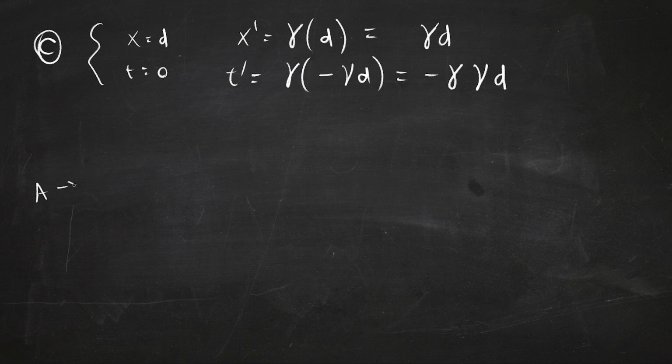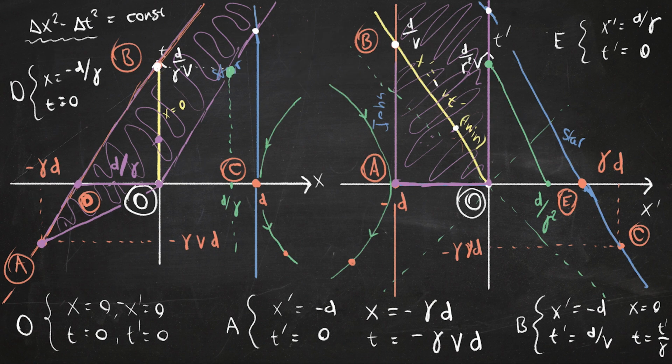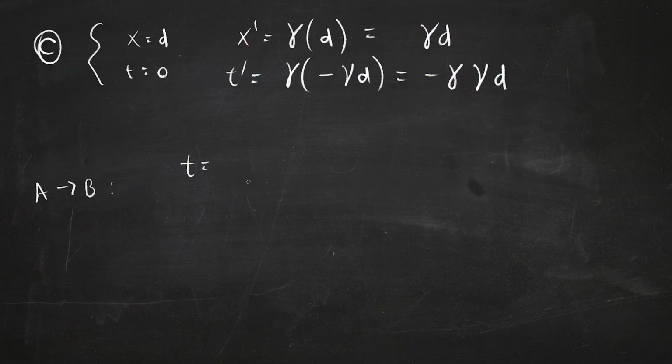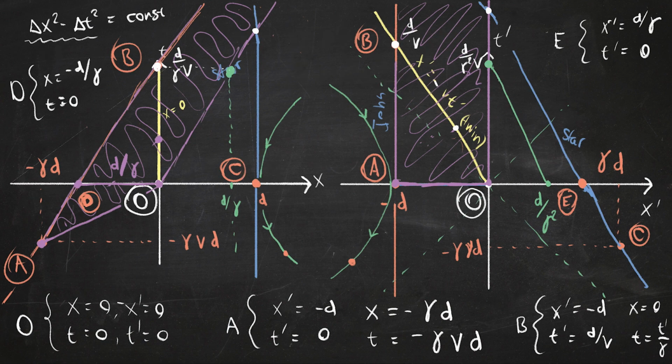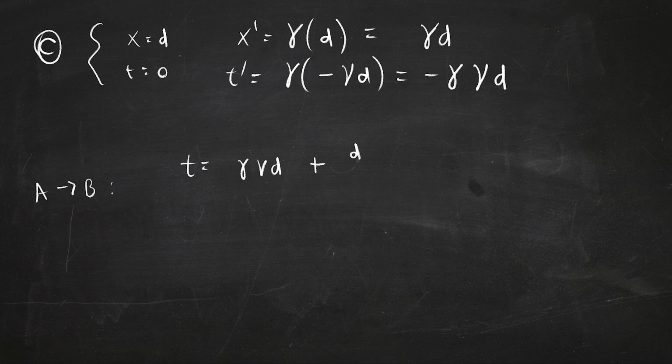So if you're going to go from A to B, the accumulated time is the gamma vd plus the d on gamma v, right? That's what I'm saying. Or let's call it the delta t for the difference between the time in those two then.